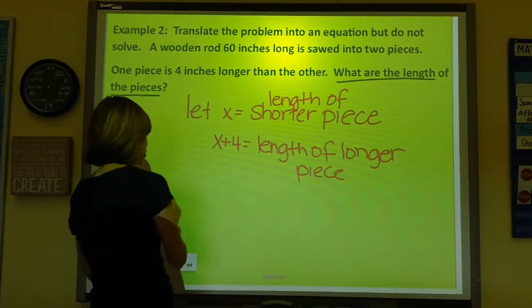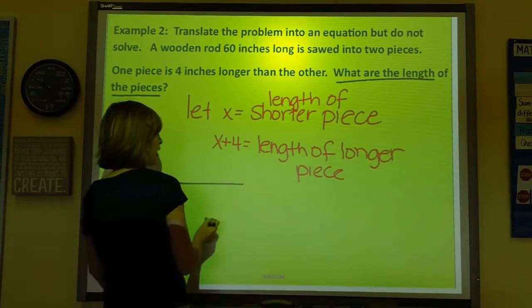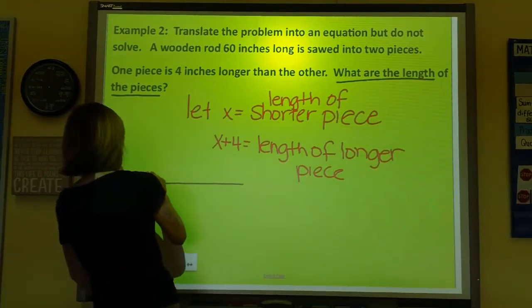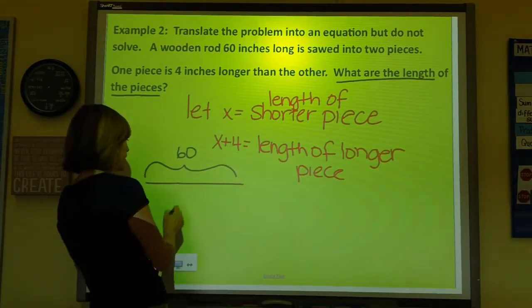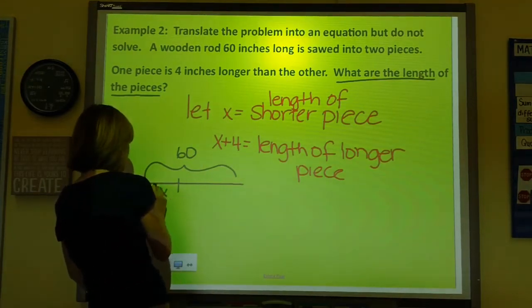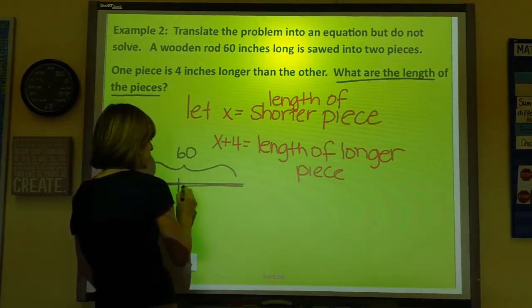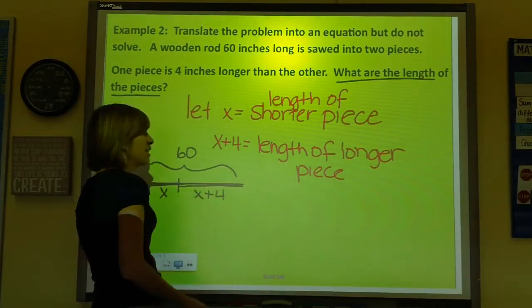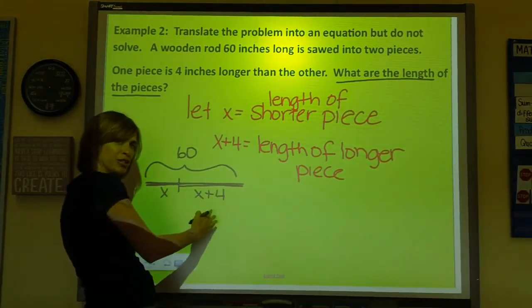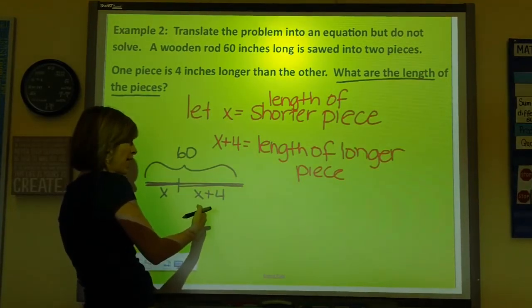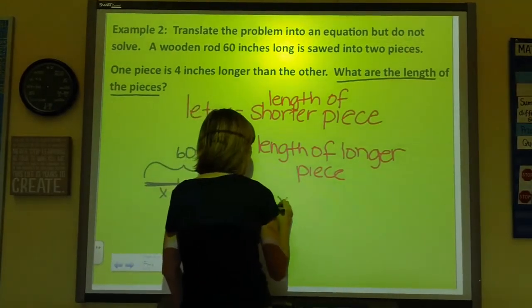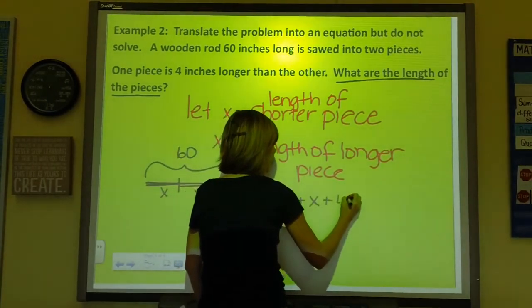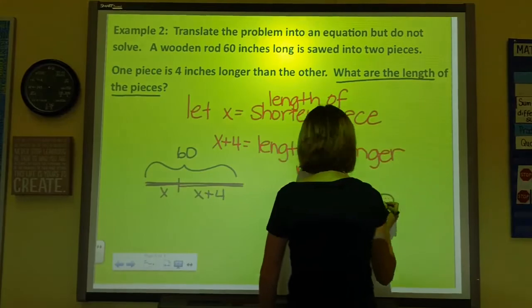Now, let's think about a picture of this for a second, because sometimes a picture is really helpful. If the rod was 60, and it was cut into 2 pieces, and one of them is x, like right here, and the other one is x plus 4, that actually gives us a nice picture of what the equation should be, okay? Because together, these two have to equal 60. So x plus x plus 4 equals 60.